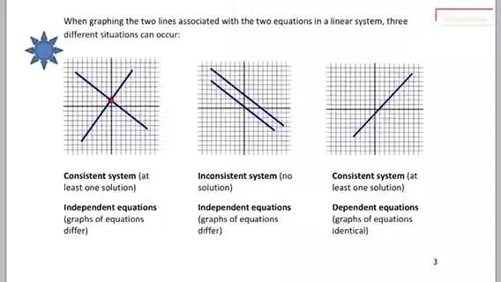The equations are independent equations. In the second instance, we have an inconsistent system where we have no solutions, but they are independent equations. In the third situation, we have a consistent system because we have at least one solution, but they're called dependent equations because the graphs are identical.